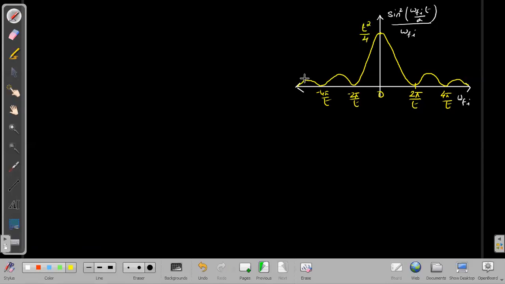4. So when t tends to infinity, the width of this graph will reduce and the peak will increase. The height of the peak depends upon t square, and the width of the peak is inversely proportional to t.